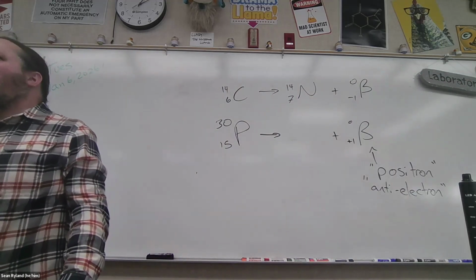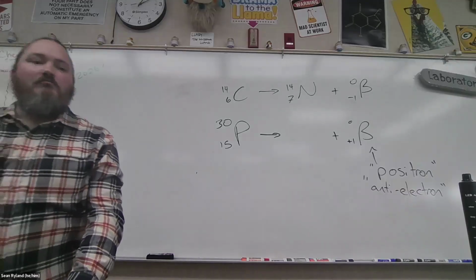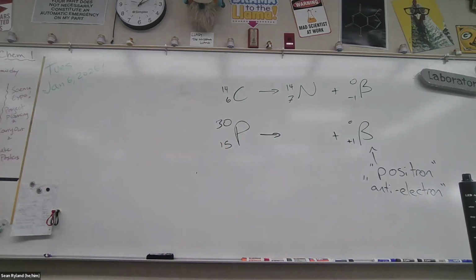It's a byproduct of all of the other four that we already talked about. Most of the reactions that you're going to see are going to be one of these top four: alpha particles, beta particles, positrons, or electron capture.